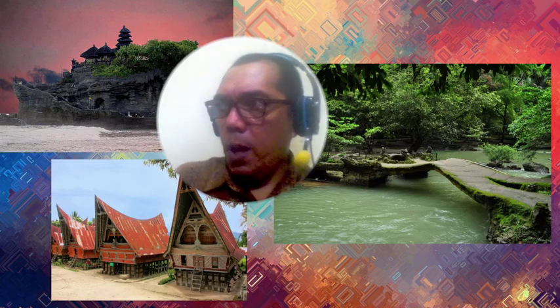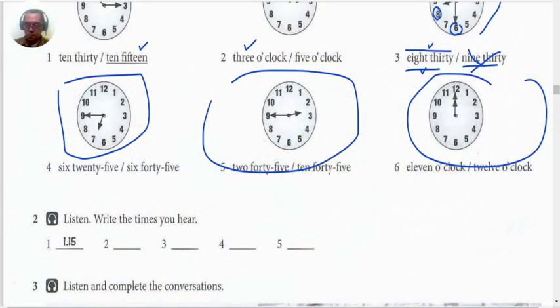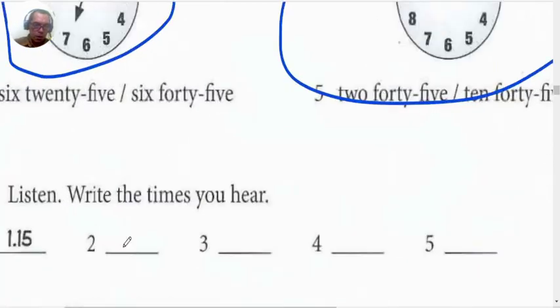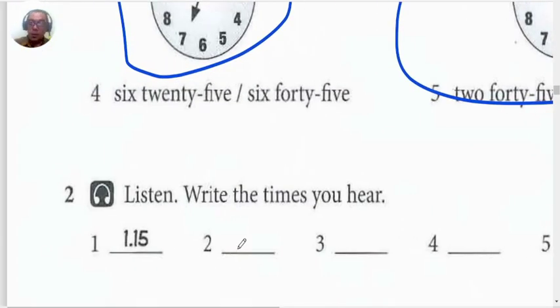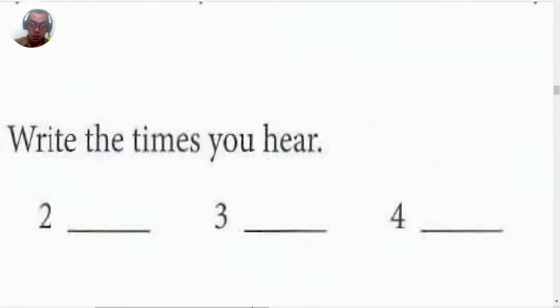There are no long hands or short hands, but the digital clock only shows numbers. Now, let's hear the audio. Listen and write the times you hear.